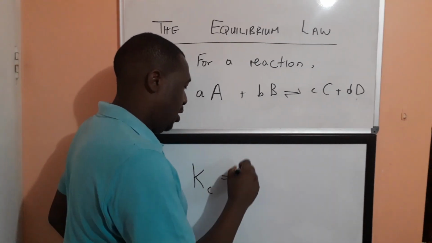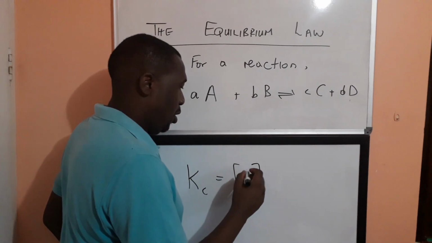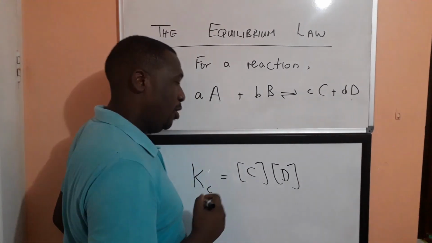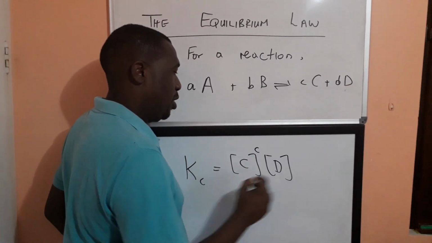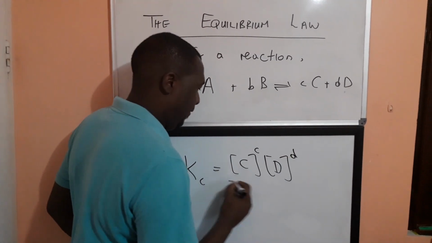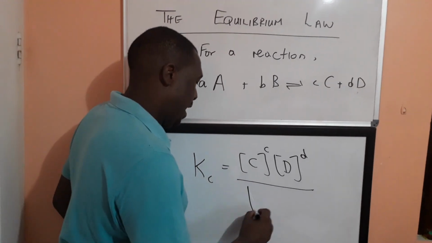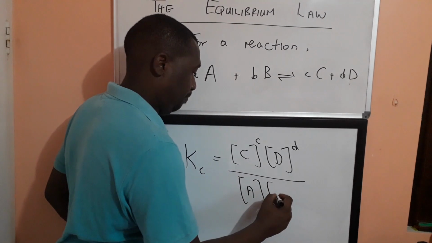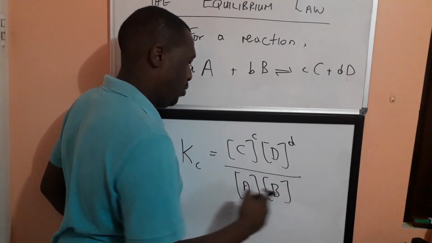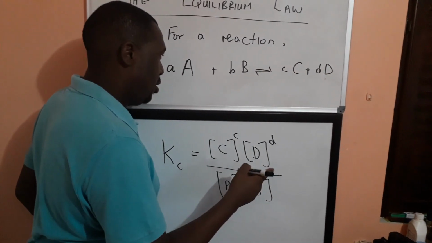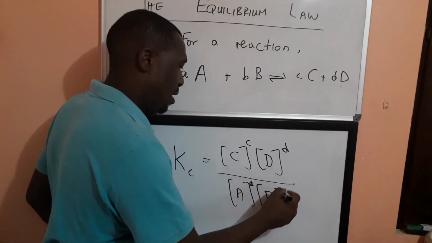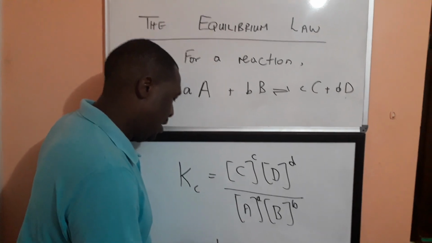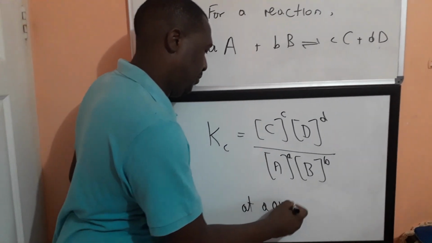In other words, the product of C and D raised to their stoichiometric coefficients, divided by the reactant concentrations A and B, the product of those, raised to their stoichiometric coefficients. That's A and B. And this is at a given temperature.